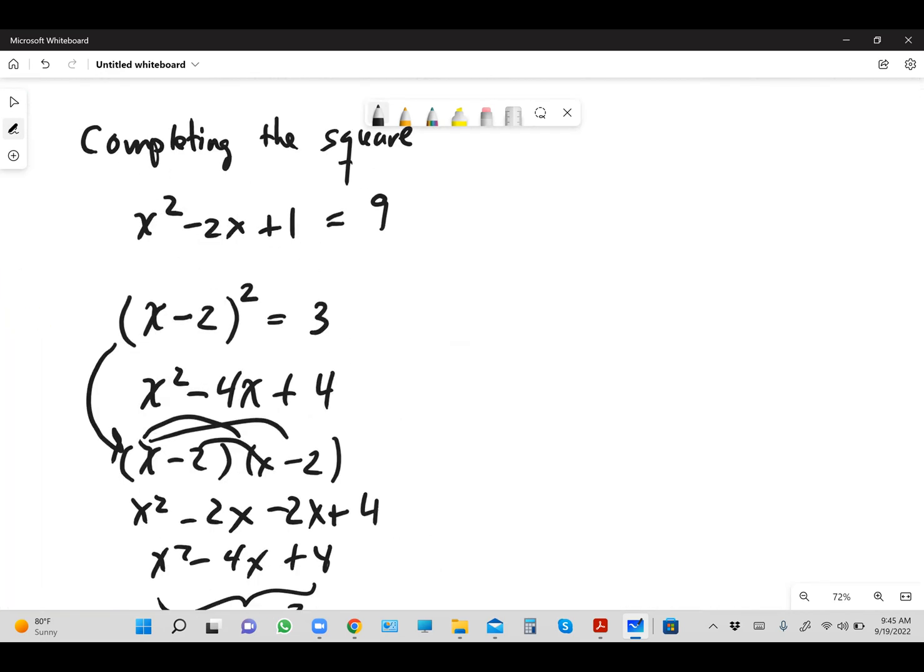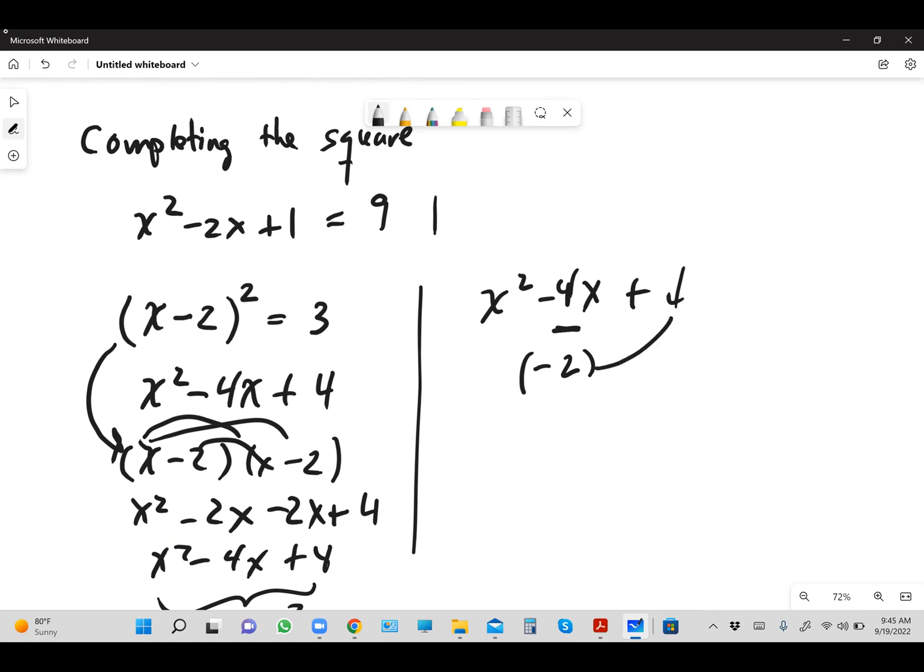If you look at x squared minus 4x plus 4, what's half of negative 4? Negative 2. And what's negative 2 squared? Negative 2 times negative 2 is 4. You see that?